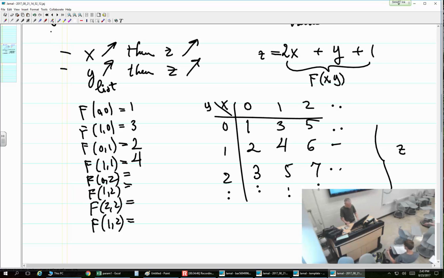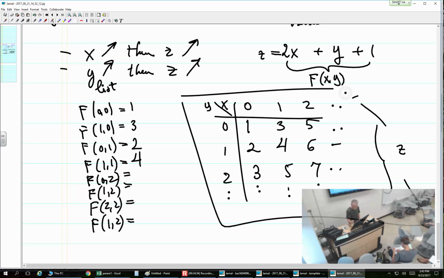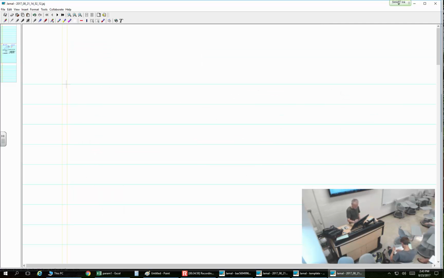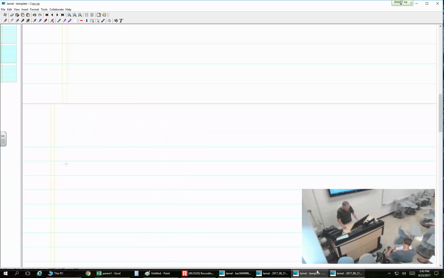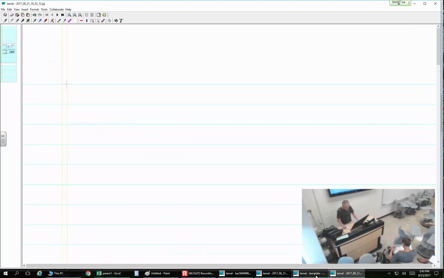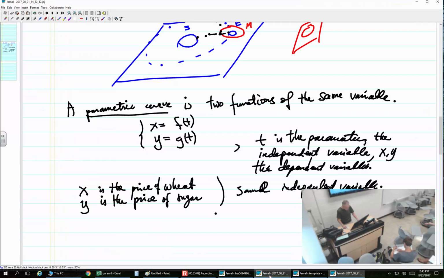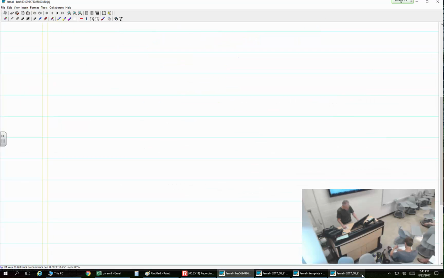So imagine that this is like a piece of paper. Like this. It is a piece of paper. Okay, and then I plot z's like this. What happened? Where did it go? I think I lost it.